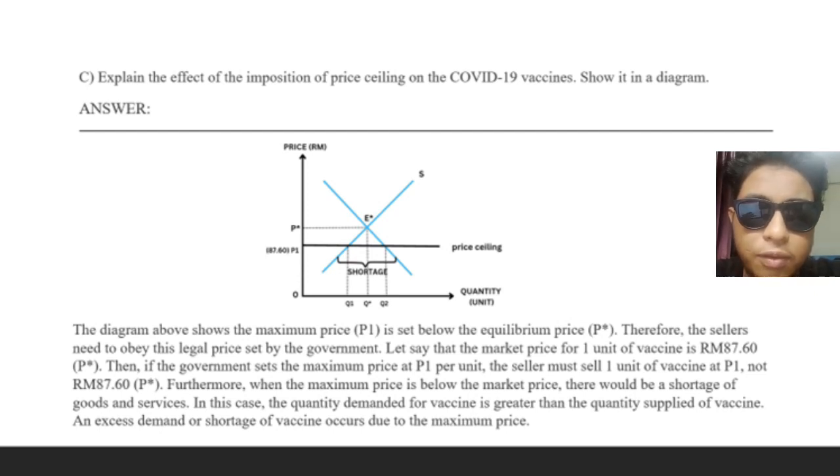Let's say the government sets one unit of COVID-19 vaccine priced at RM87.60. So the seller must sell the vaccine at or below the maximum price set by the government. When the maximum price is below the market price, there will be a shortage of goods and services. The quantity demanded for the vaccine is greater than the quantity supplied of the vaccine.